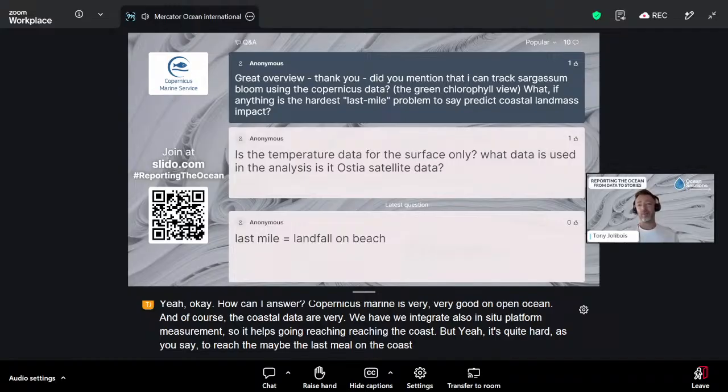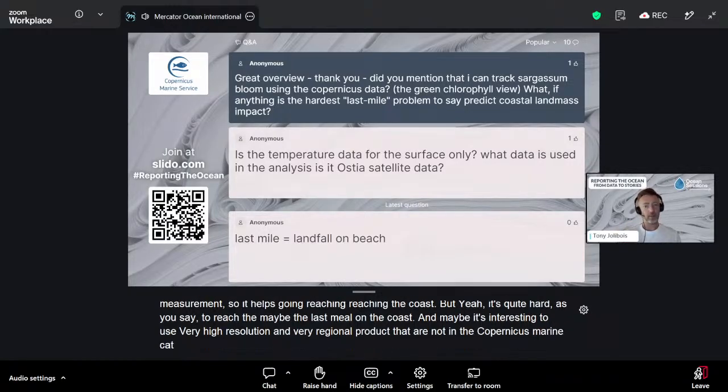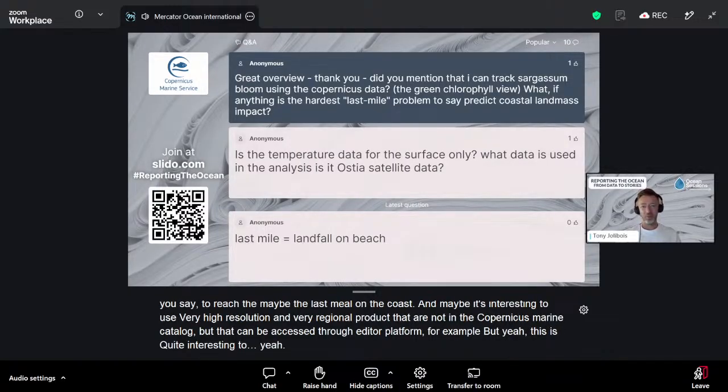Maybe it's interesting to use very high resolution and very regional products that are not in the Copernicus Marine catalog, but that can be accessed through other platforms, for example. It's quite interesting to try to reach the coast.